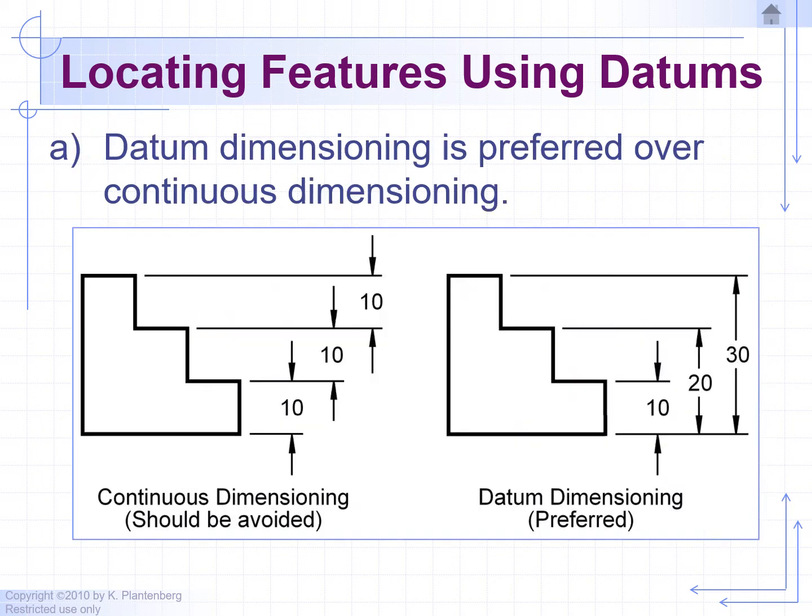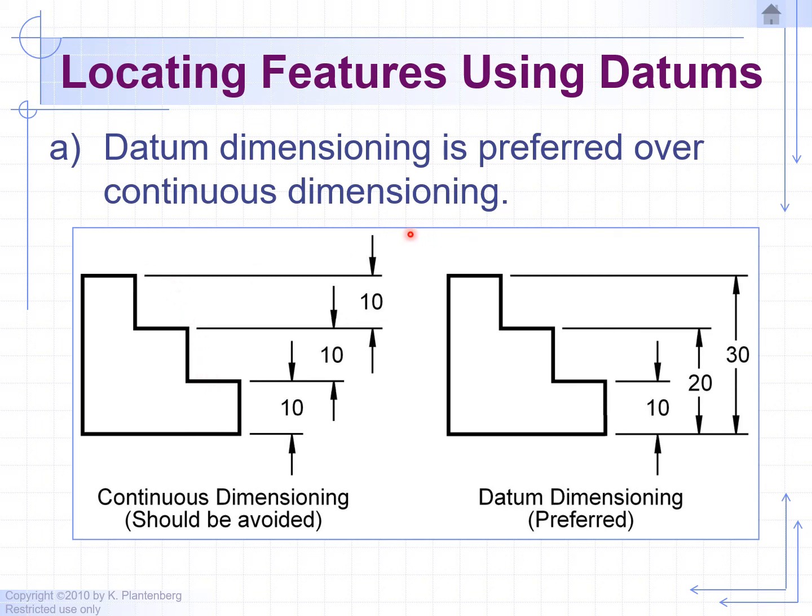Next slide. Okay, let's look at different ways of dimensioning. Datum dimensioning is preferred over continuous dimension. Okay, so the first one is showing us continuous dimension. Okay, so if you look at the base, and with dimension step by step, each step is 10 units in height.